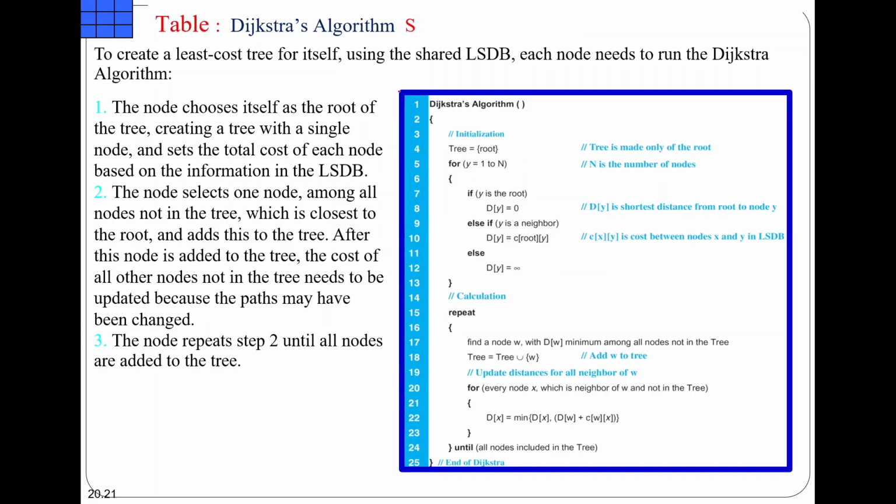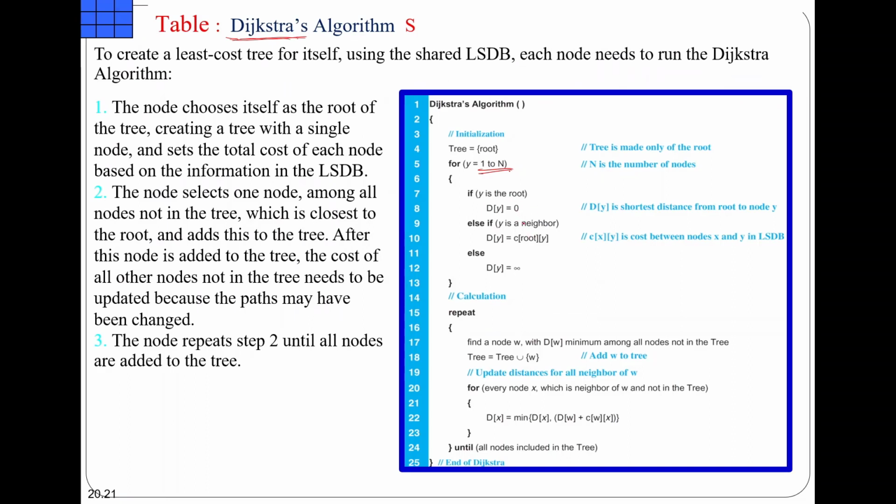This is a link state protocol, so the Dijkstra algorithm is followed. It is an algorithm used to find the least cost. Depending on the number of nodes, we assign y equal to 1 to n.